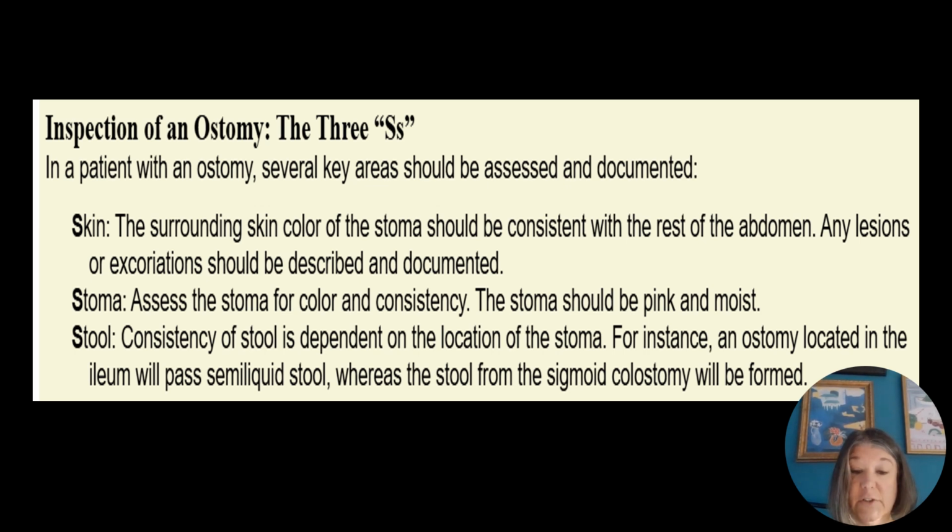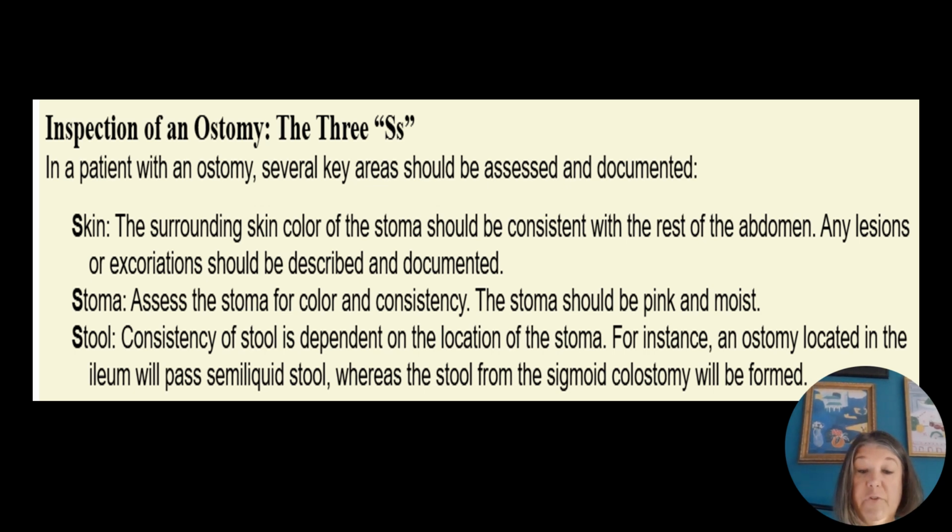And then, of course, the stool. It's really kind of cool because the consistency of the stool is going to be dependent on where the stoma is located. The closer you get to the rectum, where stool comes out formed, the more formed stool becomes.